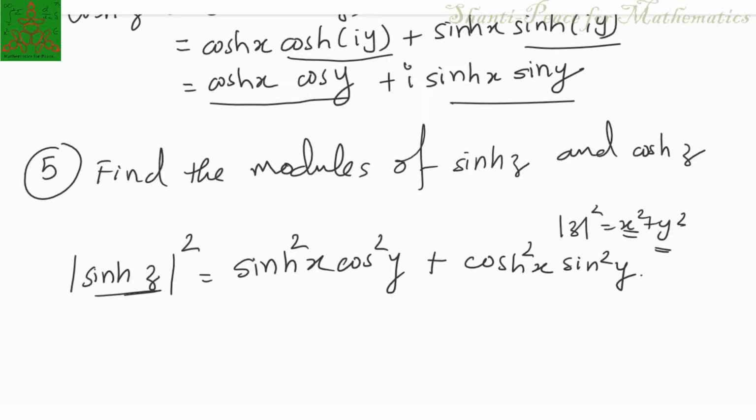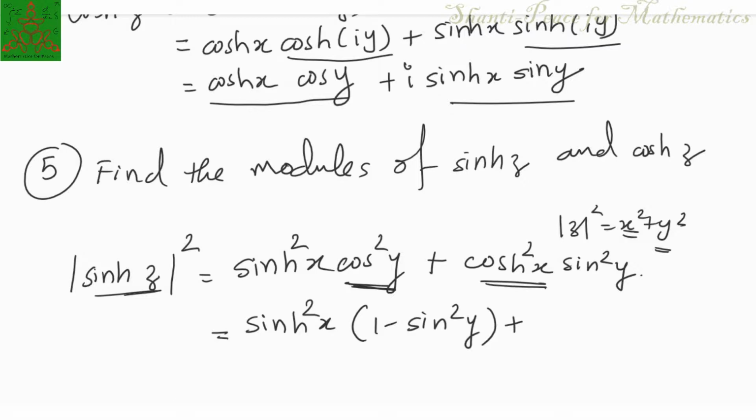Now we change everything in terms of sine, so we can convert this cos square y as 1 minus sine square y, and cos hyperbolic square of x, as x is a real number, we can write as 1 plus sine hyperbolic square of x, times sine square y.